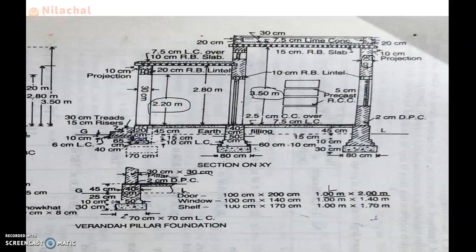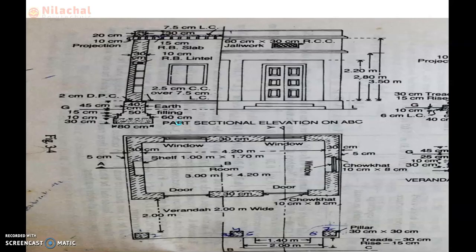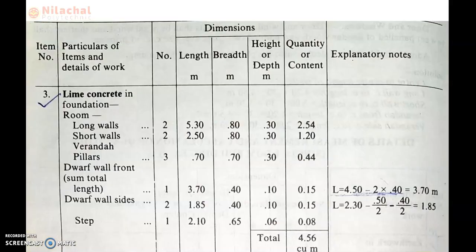We know the pillar is provided from the plinth to the RB lintel. The pillar distance is 2.20 meter. Or we can check here, the pillar is provided from this point. So the pillar distance is 2.20 meter. Okay, the height is 2.20 meter.